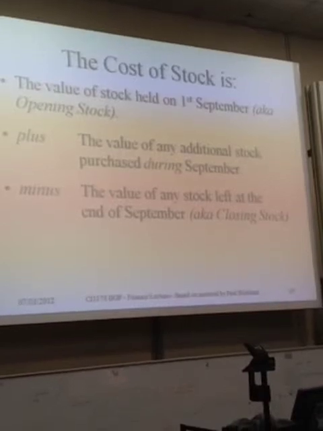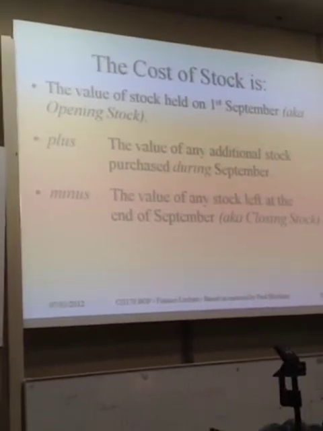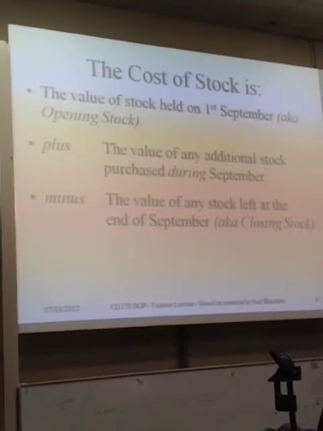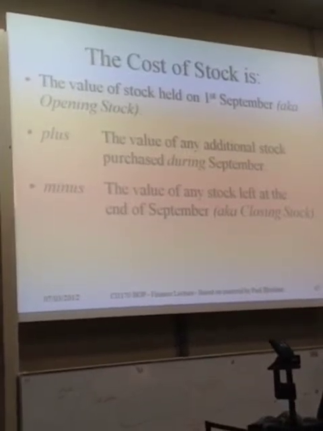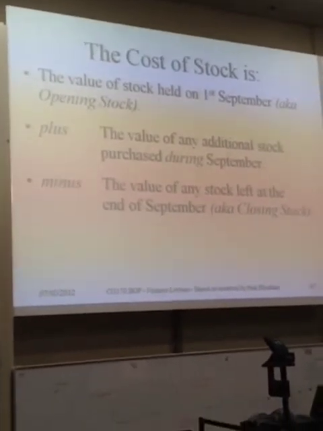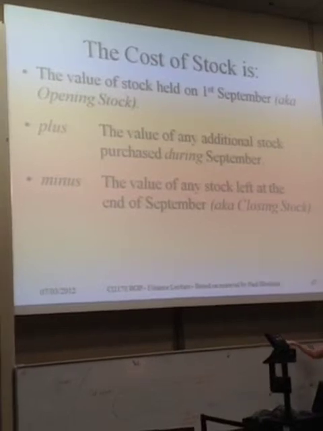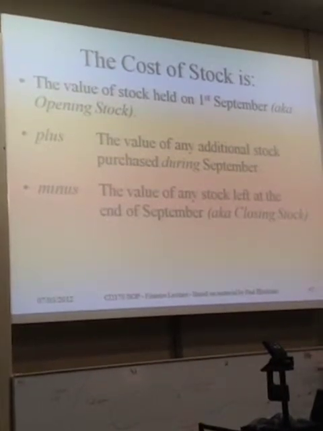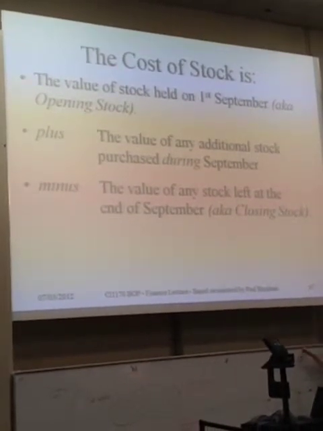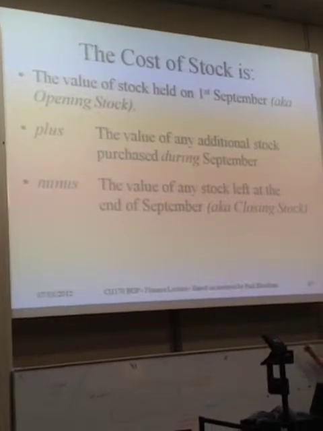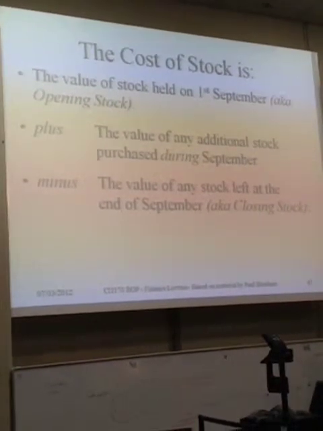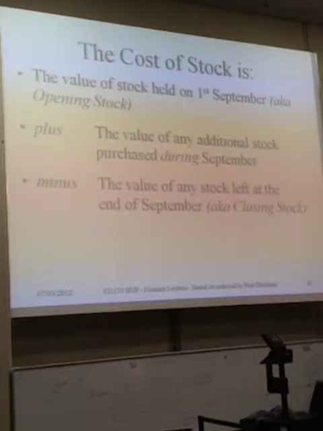We've got to deduct from those two figures anything we've got left sitting on the shelf. So we've got stuff that's come in from last year sitting on our shelves. We've added more things this year. We've sold a lot of that, but at the end of that year, we've still got a lot of stock left.